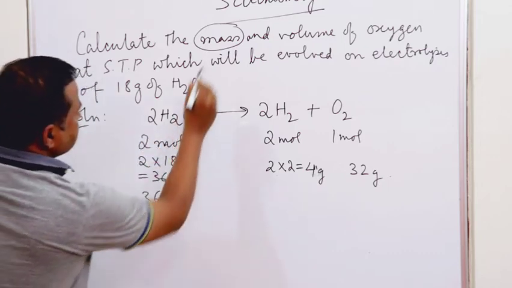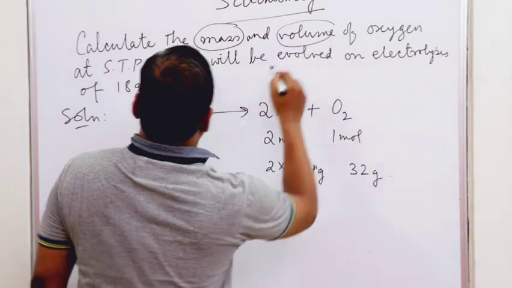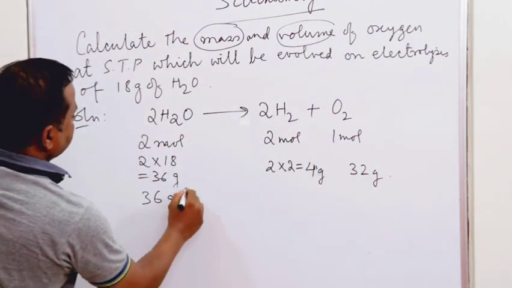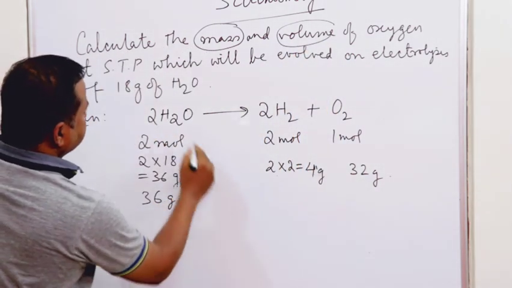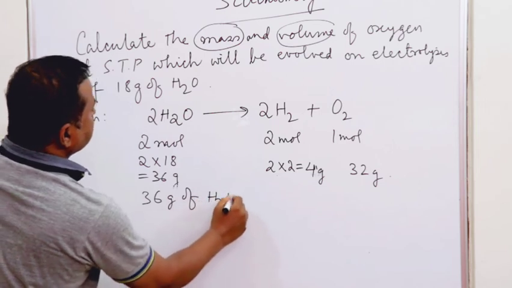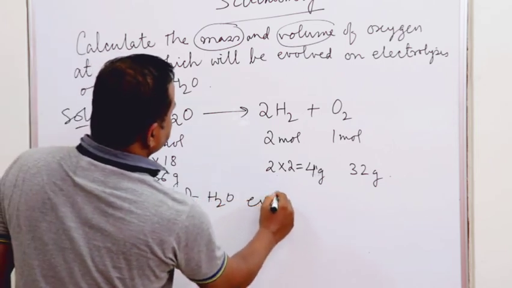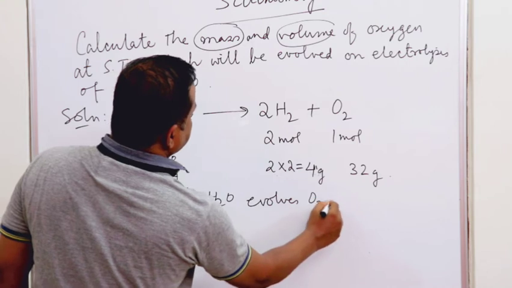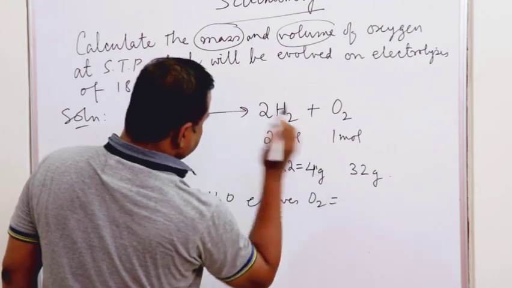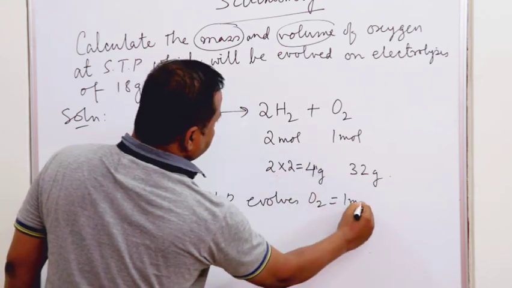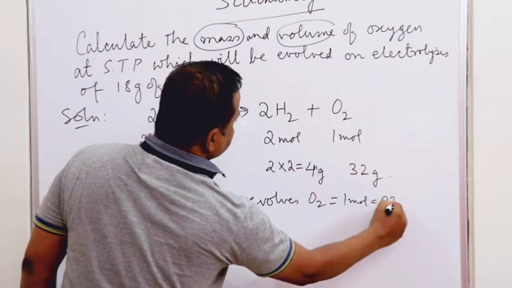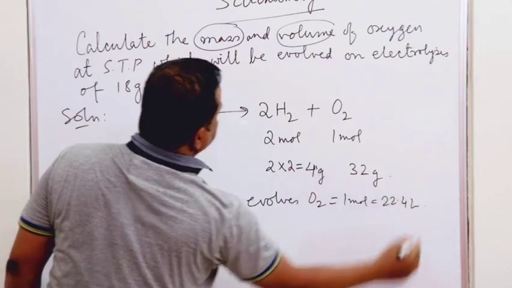This is mass volume. For the second question, 36 gram of water evolves oxygen equal to how many moles? 1 mole, that is, according to the mole concept, 22.4 liter.